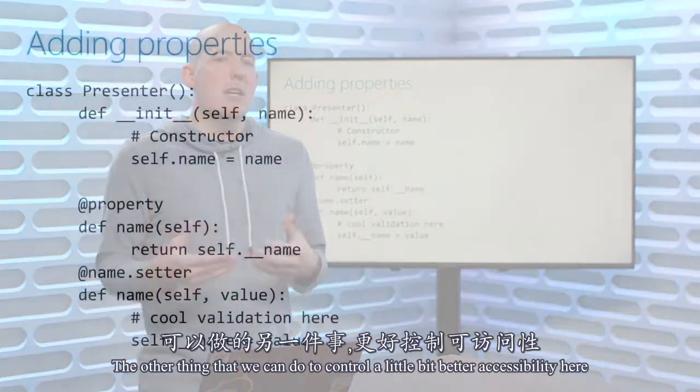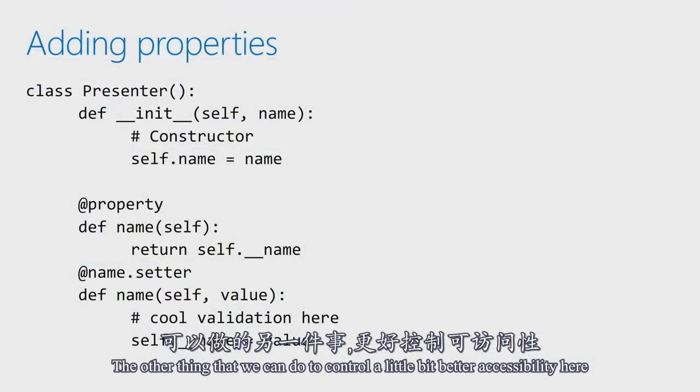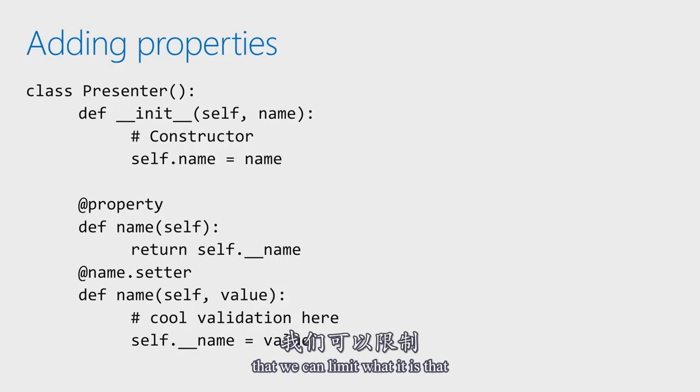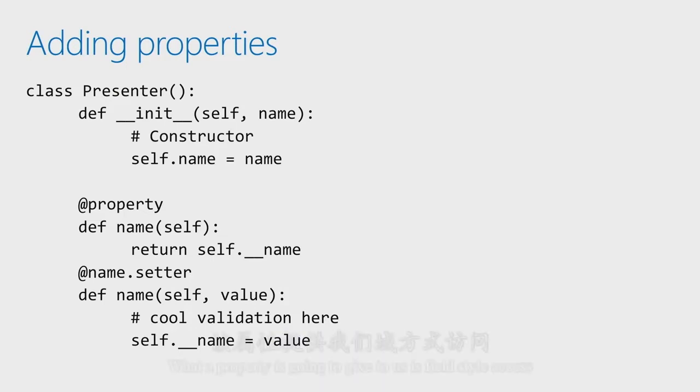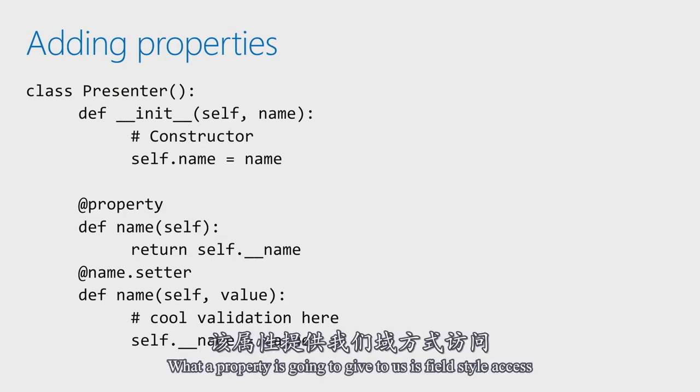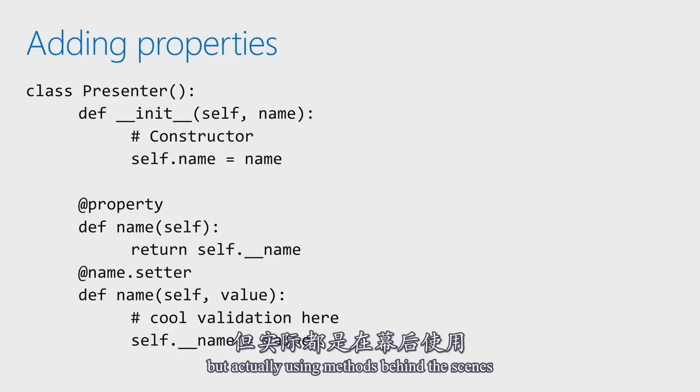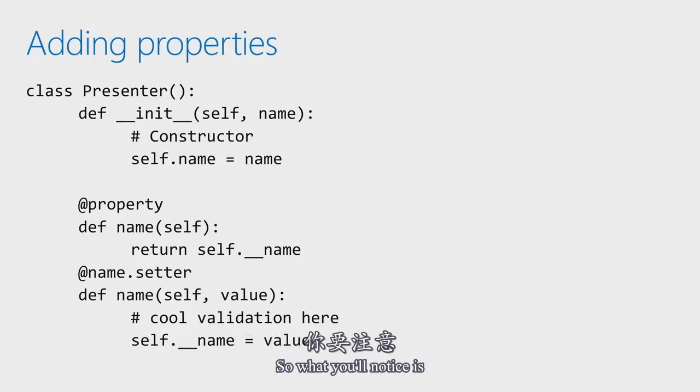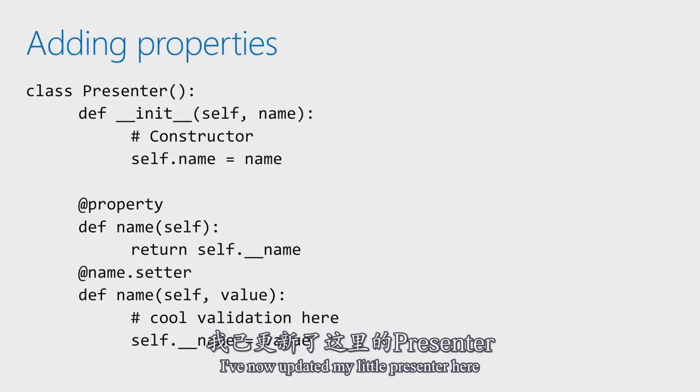The other thing that we can do to control a little bit better accessibility here, that we can limit what it is that somebody's able to do to our class, is by setting up a property. What a property is going to give to us is field style access, but actually using methods behind the scenes. So what you'll notice is I've now updated my little presenter here.